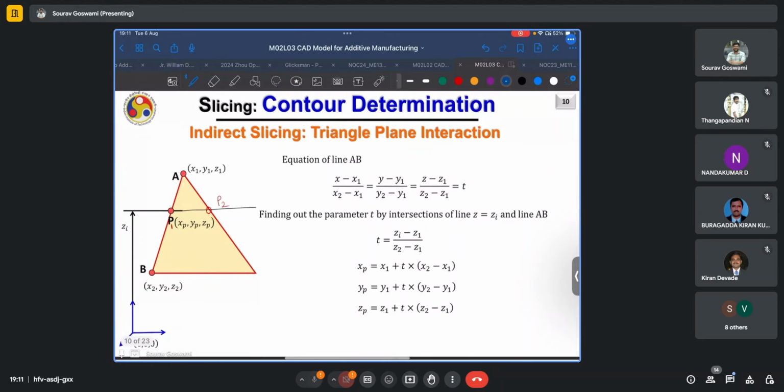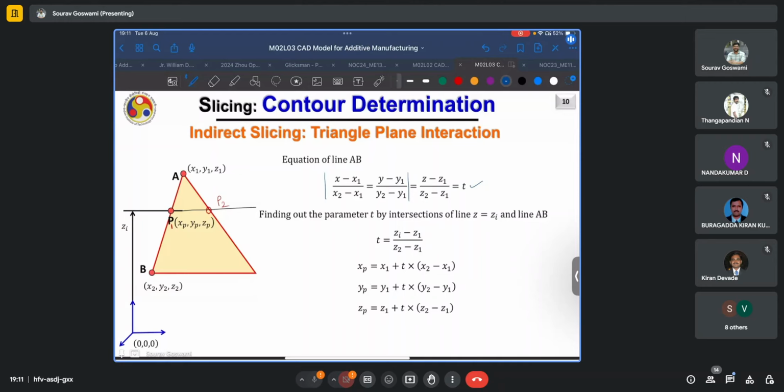The way we do this is we find the equation of the line AB in 3D space. It will be (x minus x1) by (x2 minus x1) equals (y minus y1) by (y2 minus y1) equals (z minus z1) by (z2 minus z1) equals some parameter t. In 2D space or on a plane, of course, we know that this parameter is just the slope. Then we compute this parameter by the intersection of the line z equals zi and the line AB.